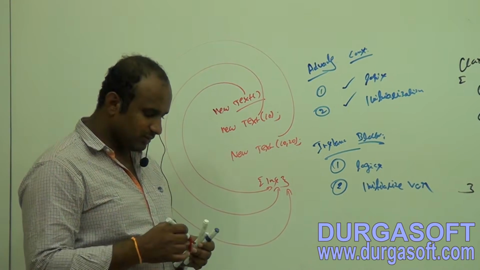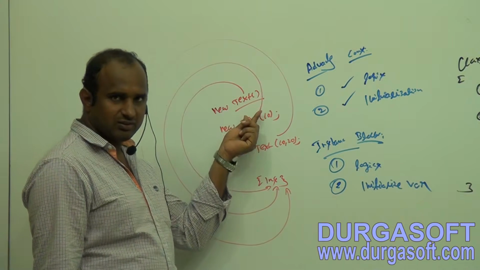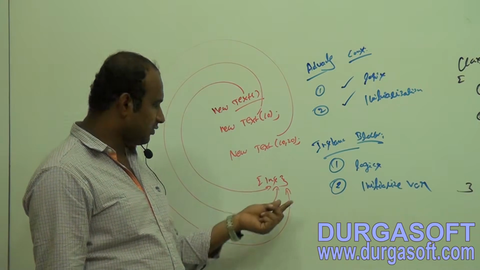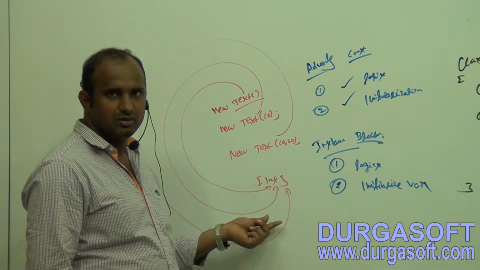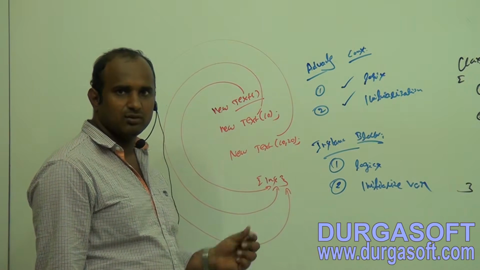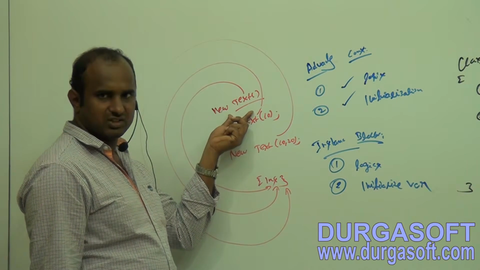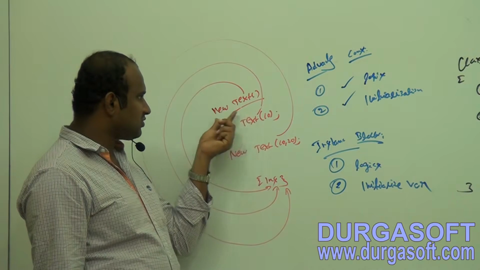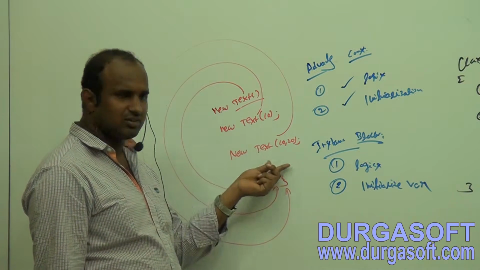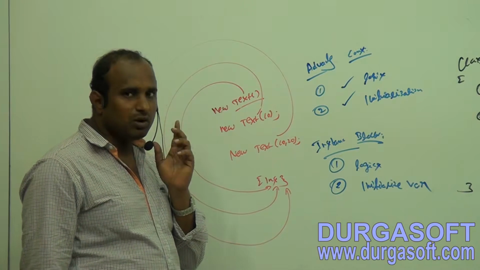For every object creation, the constructor logics are executed corresponding to the object, and the corresponding instance block is executed. The constructor logics are specific to a particular object. This logic is specific to this object, this logic is specific to this object, these logics are specific to this object. Constructor logics are specific to objects.